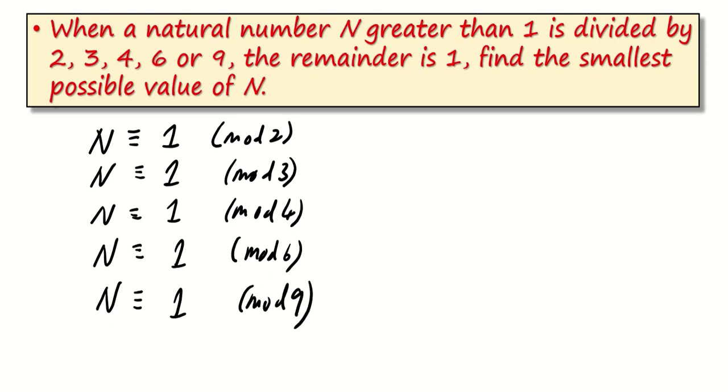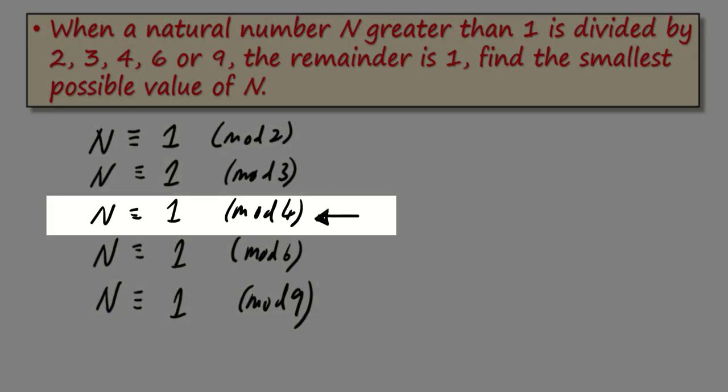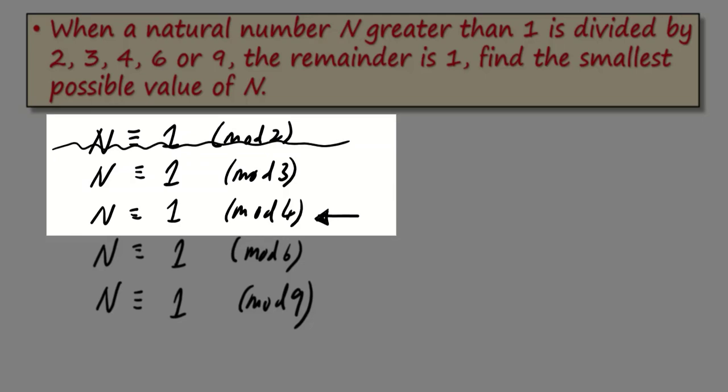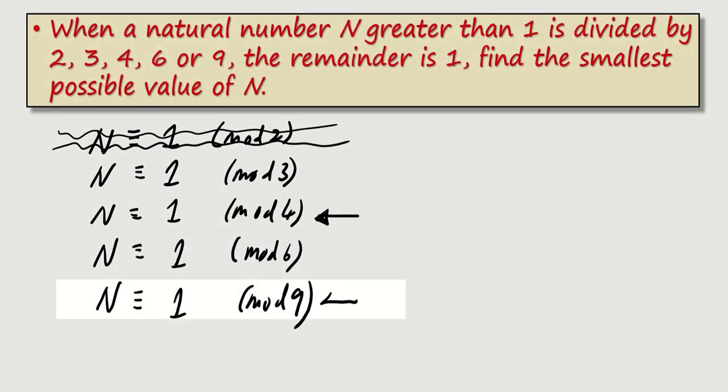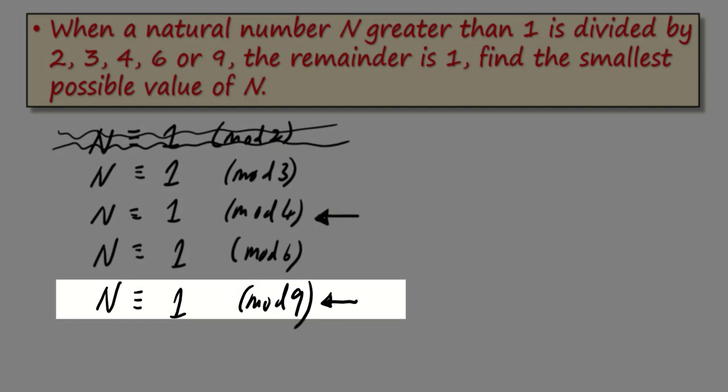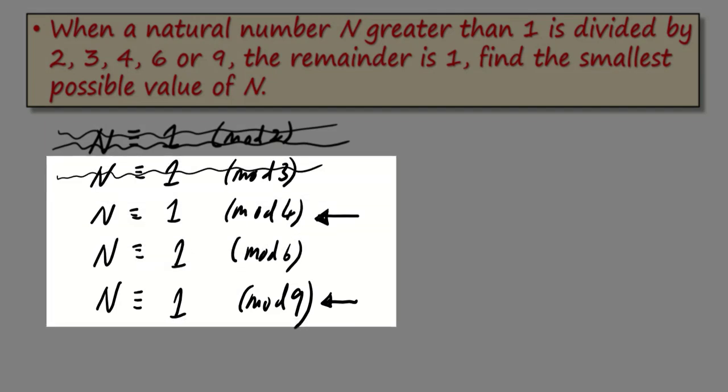We observe that not all conditions are needed, because if n is congruent to 1 mod 4, then it means that n must be an odd number, and therefore the first condition is not needed.